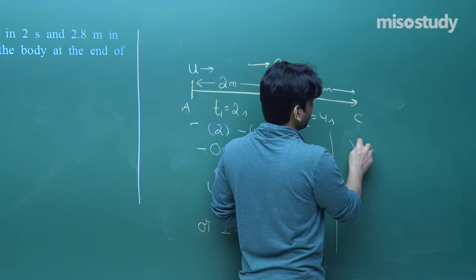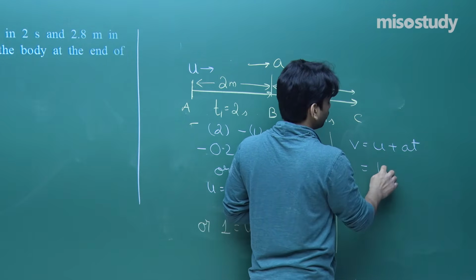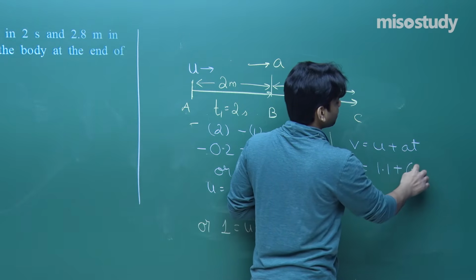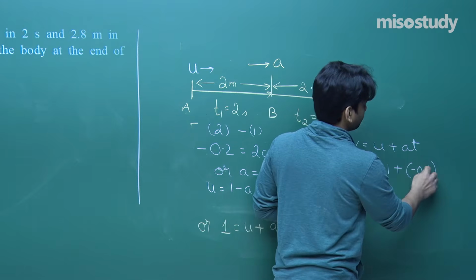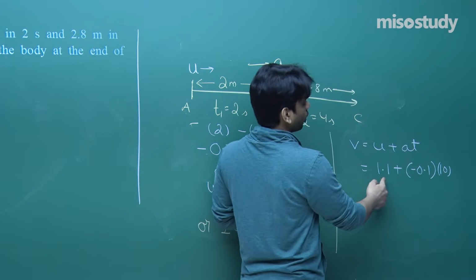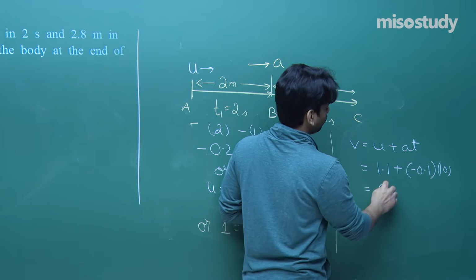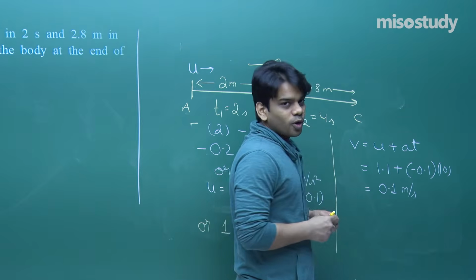It will come out to be v is equal to u plus at. So u is 1.1 plus a is minus 0.1 into 10. 10 into 0.1 will give you 1, 1.1 minus 1 will give you 0.1 meter per second. So the right answer is 0.1 meter per second.